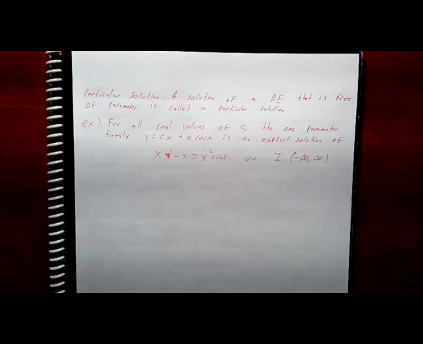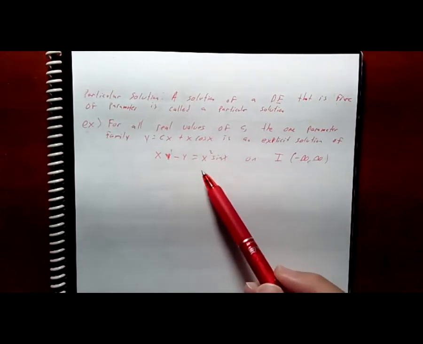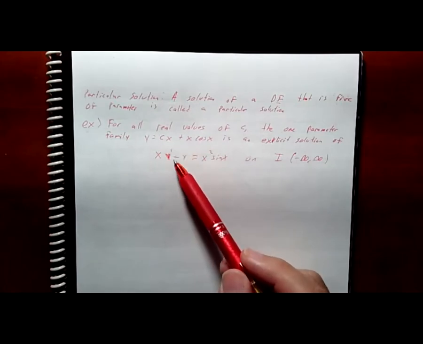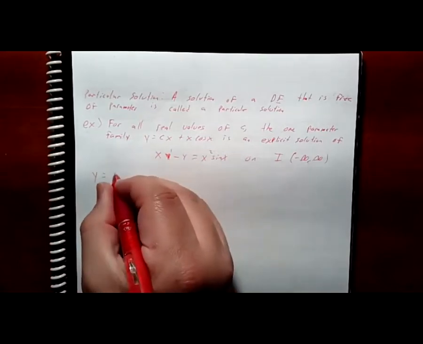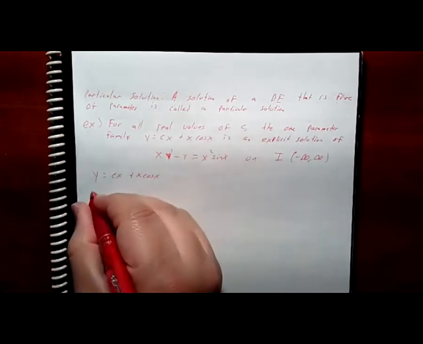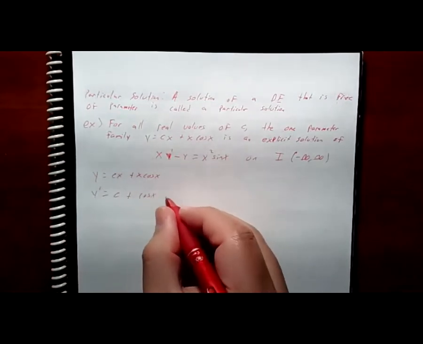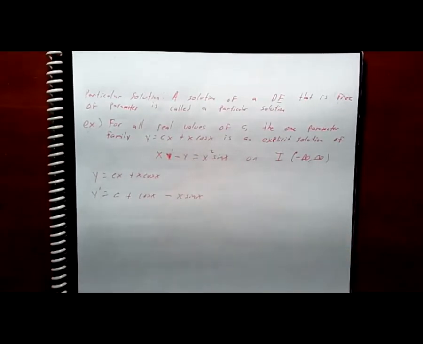So since C can be anything, they're saying that this is the solution to this differential equation. C can be 0, 1, 2, 3, 4. If I take a derivative, right, notice how this contains a y prime. We know that y is equal to this guy. y prime would be equal to C plus cosine x minus x sine x, right?